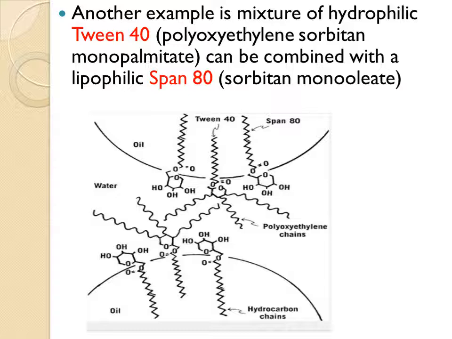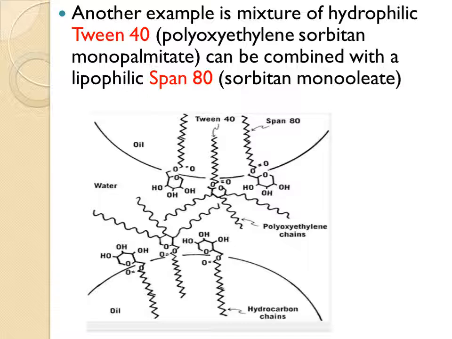In the image we observe the structure: the oil phase and the interface. Oil is in globular form, water is the continuous phase, and these molecules are present at the interface. The Span 80 molecule has a sorbitan head.